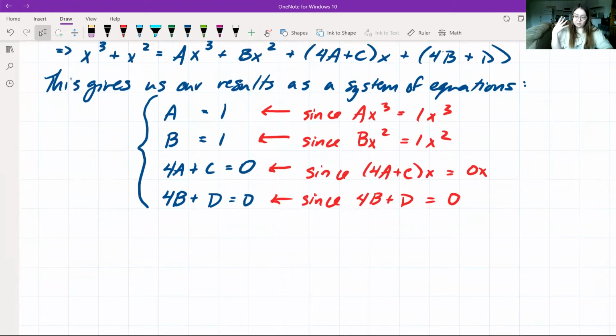All right, so right off the bat, we found what a and b are. And since we found what a and b are, we can just plug in our values of a and b to solve for c and d. So we'll just call this equation 1 and equation 2.